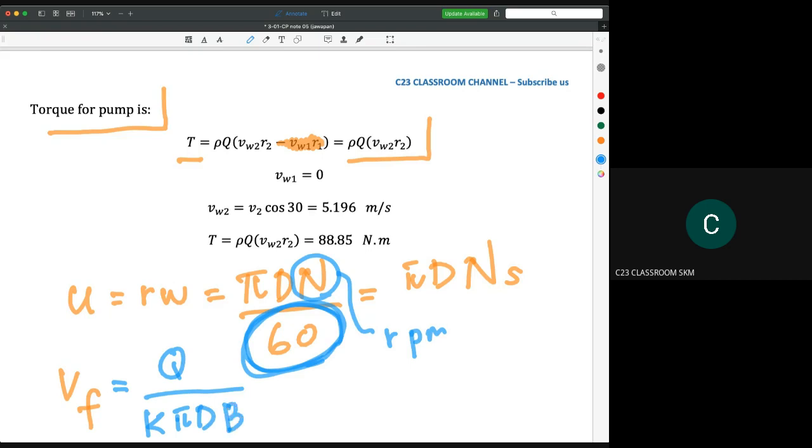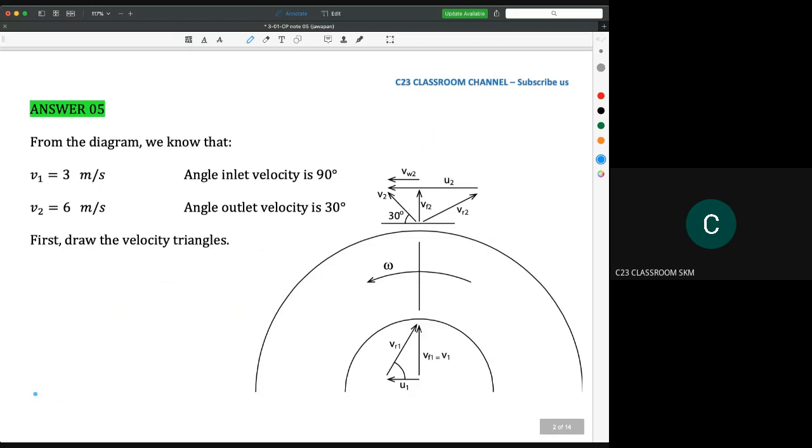Other than this, you need to define your own equation from the velocity triangle. In the previous set of tutorials, we usually solved tutorial problems by using the blade angle. But now we have an angle, and that angle is actually showing the angle of the outlet velocity.